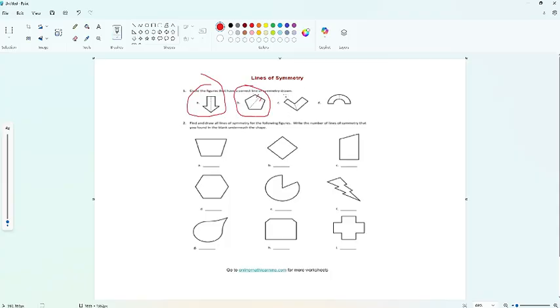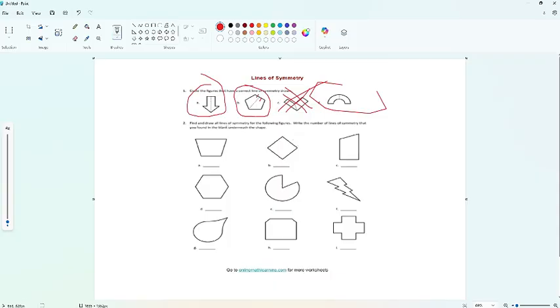This one obviously not. This side is smaller than this side, as you can probably tell, students. This one, if you do it there, it's great.